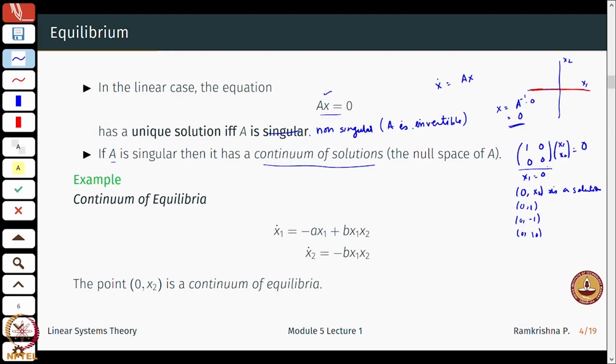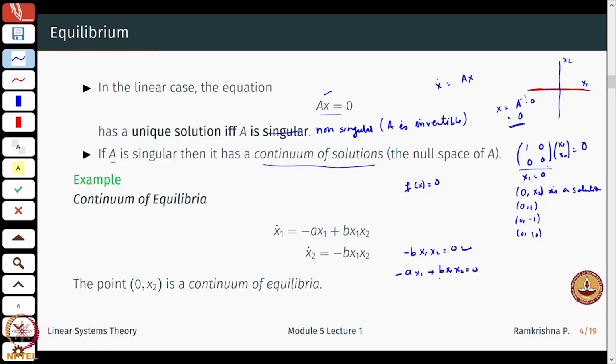This phenomenon can also occur in the nonlinear case. If I have a system which looks like this, x1 dot is minus a x1 plus b x1 x2, x2 dot is so on, I just look at the solutions of f of x equal to 0. The second equation will give me minus b x1 x2 is 0. The first equation is minus a x1 plus b x1 x2 is 0.